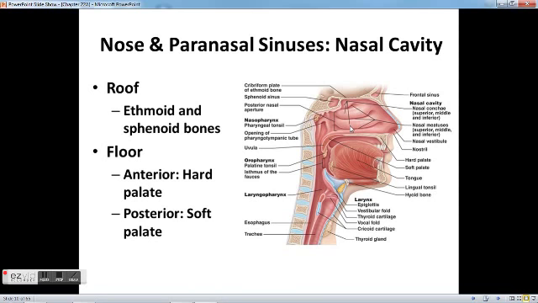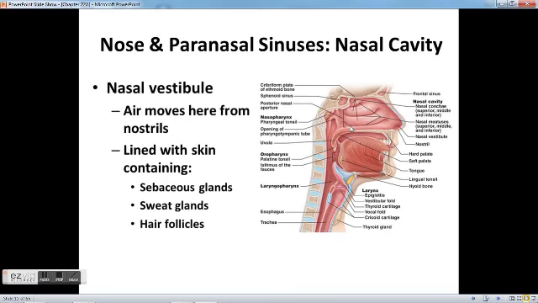The top of it is made by the ethmoid and sphenoid bones, and the bottom of it is made by the hard palate in the front part of the nasal cavity. If you push your tongue up against the roof of your mouth, the roof of your mouth is actually the bottom of your nasal cavity as well. And then the back of your nasal cavity is the soft palate. There's not a bone involved here.